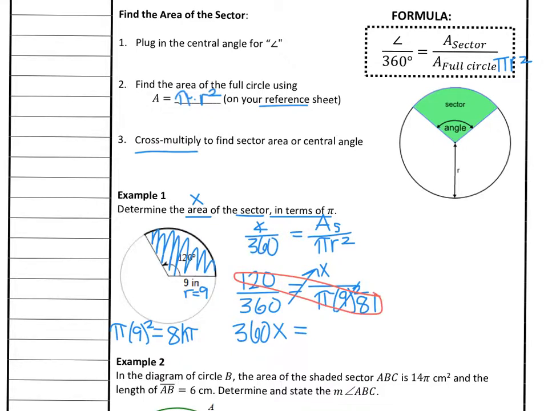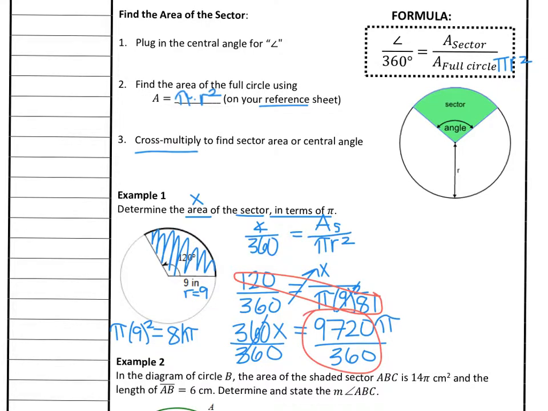Okay, so 81 times 120, leaving pi out of the calculation, is 9,720. But don't forget to tack your pi back on. Okay, and then last step, to get your x by itself, divide both sides by 360, and those cancel, and just throw this into your calculator.